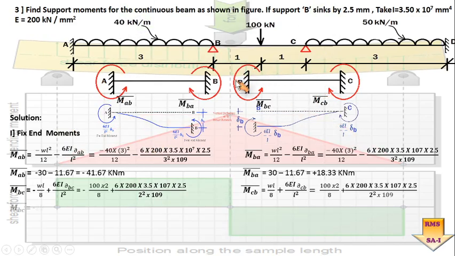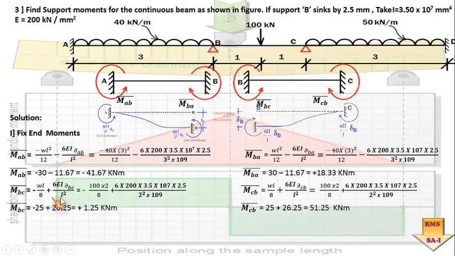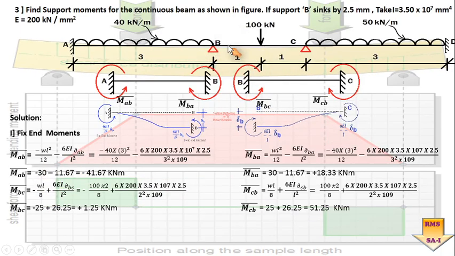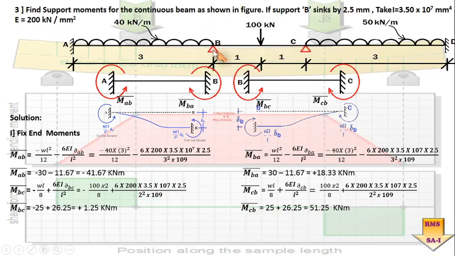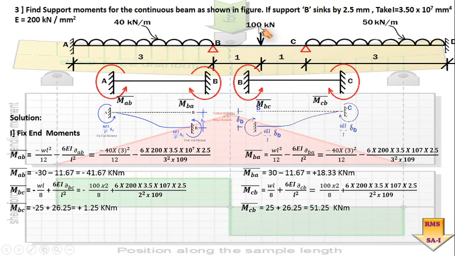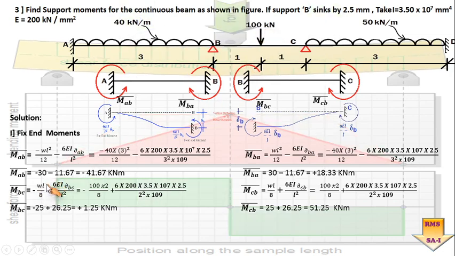So again BC anti-clockwise, so minus WL by 8. So this is a standard case for a simply supported beam with a point load at the center. So its fixed moment will be equal to WL by 8.